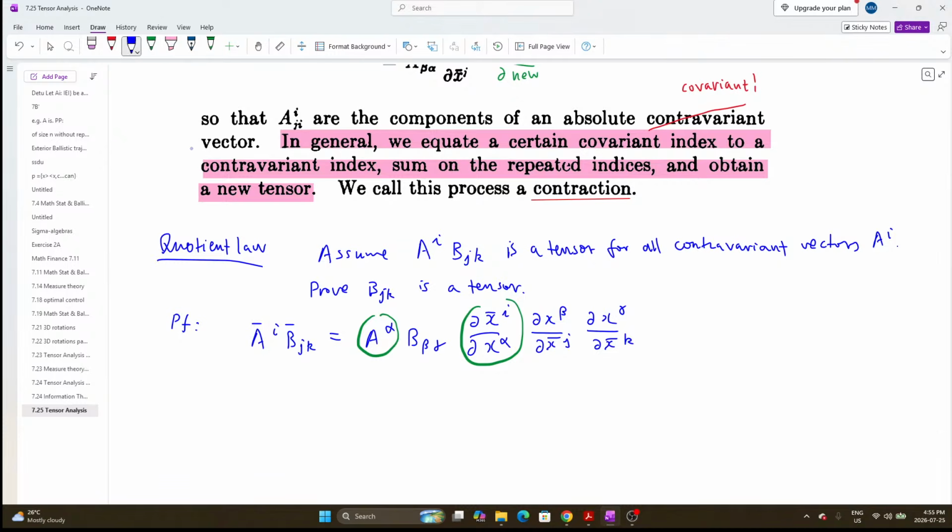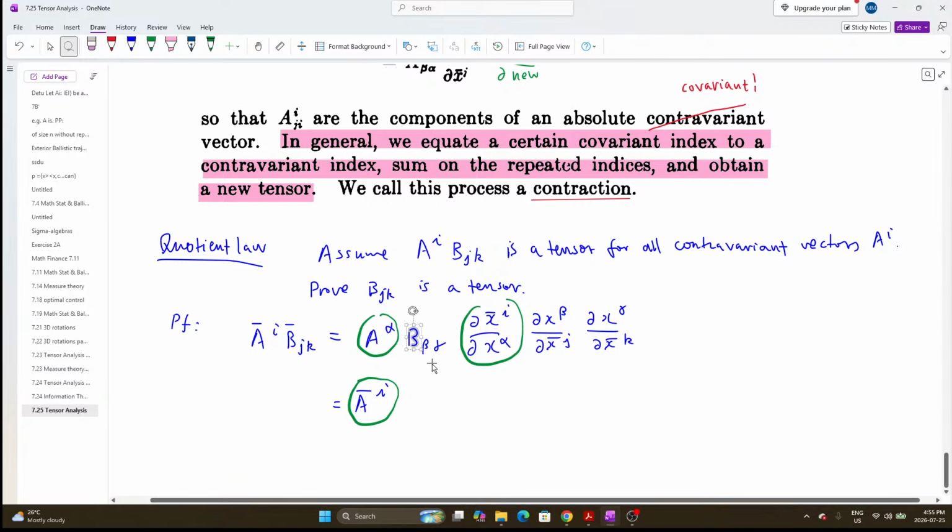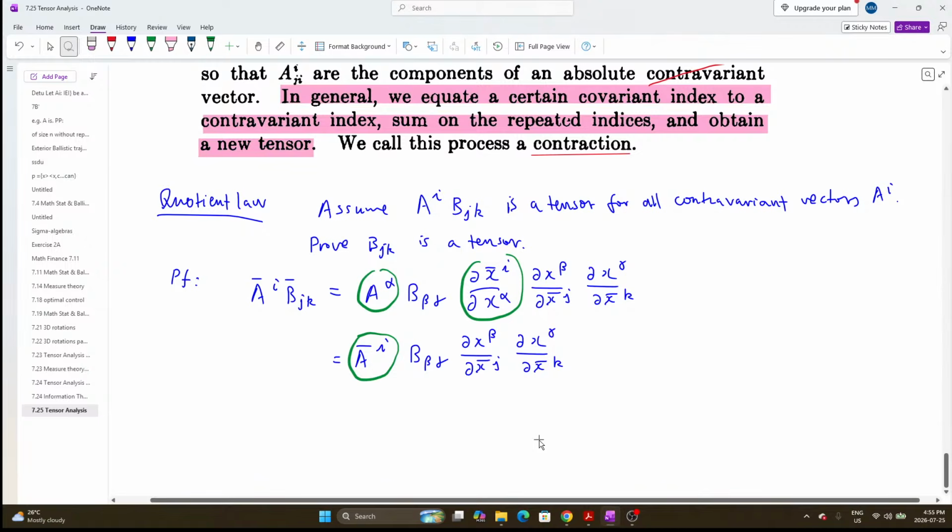If you put them together, that will just give you the new component A-bar^i, and the rest are unchanged. And because this is true for all A^i, the rest must be the same. So that's the end of the proof. Since A-bar^i is arbitrary, the two must be the same, and we're done.